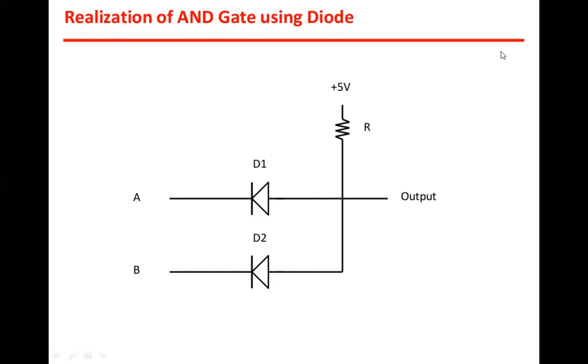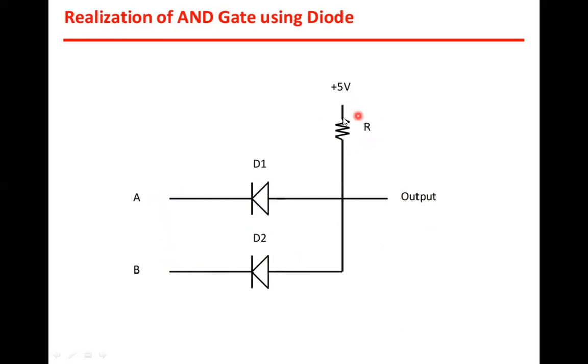Now let us try to understand the construction of this particular circuit diagram. Here we have two diodes, labeled D1 and D2. These are the cathodes of the diodes, and these two points we have given as point A and B. We'll be giving the inputs to this gate from points A and B. Between this point and the ground point, we will measure the output.